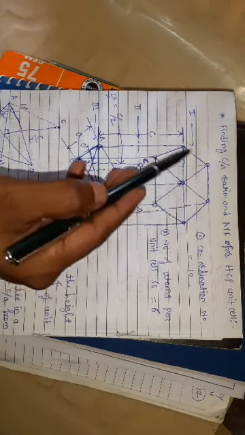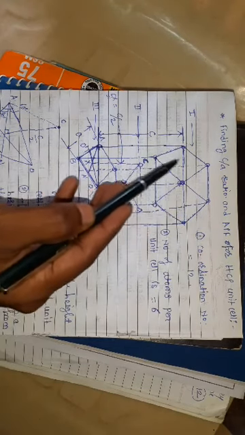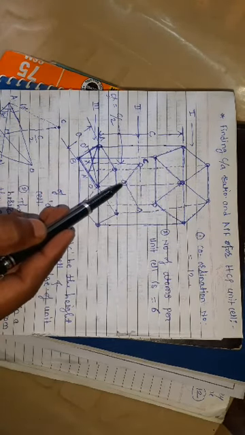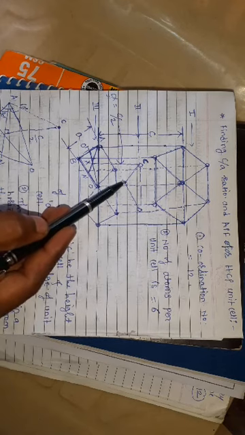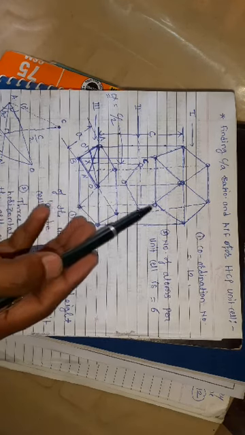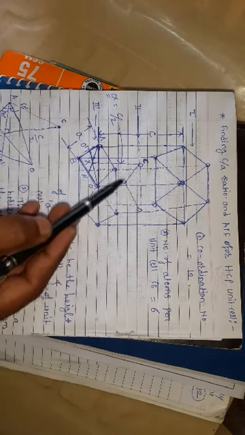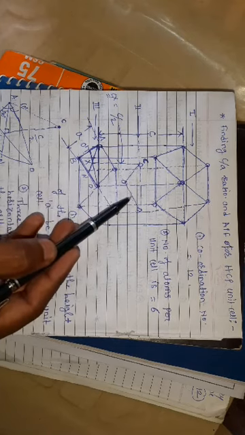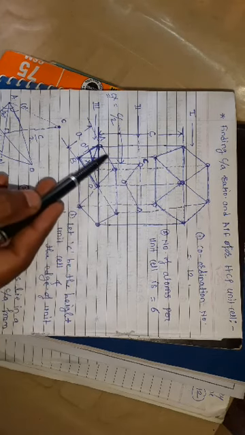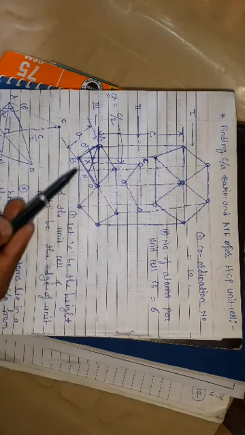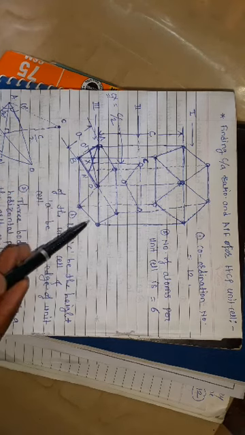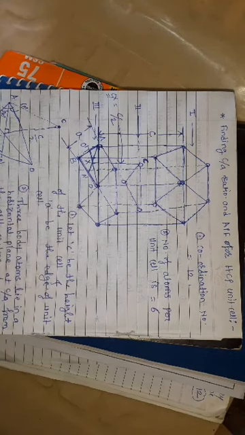This layer touches layer B, or these 3 atoms situated on this plane of the hexagonal unit cell, and all of them touch each other.